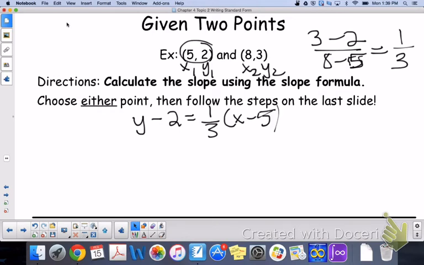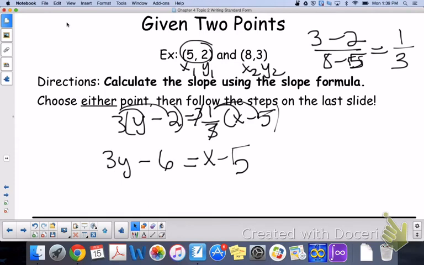Now, we follow the steps on the last slide. Step 2 was if the slope is a fraction, we're going to multiply both sides by that denominator. So multiply both sides by 3. On the right, those 3's cancel. We just distributed 1, so it's just x minus 5. On the left, we have to distribute the 3. You have 3y minus 6.